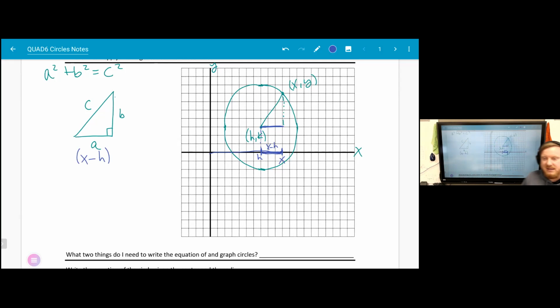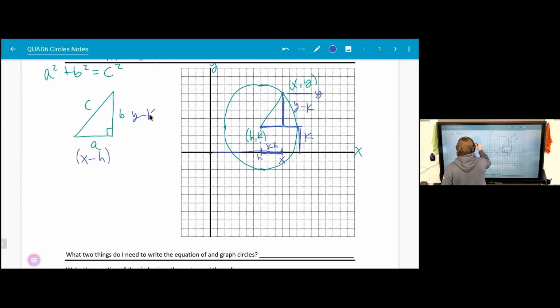In the same way, we can think about it in the y value. The value to get to my y is y. If I need to know this length here, I need to subtract the stuff that's below it, which was k. So this vertical distance could be said to be y minus k.